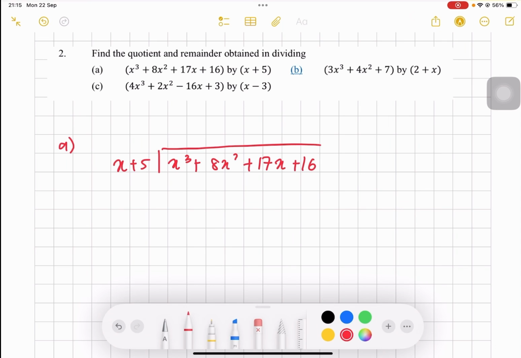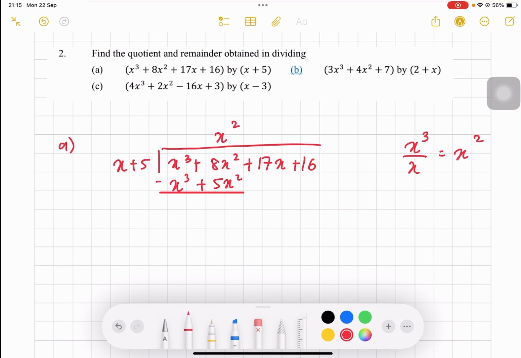It's fast, right. So it's x cubed over x, so x squared here. x squared multiplied by x plus 5, and then you will get 5x squared.